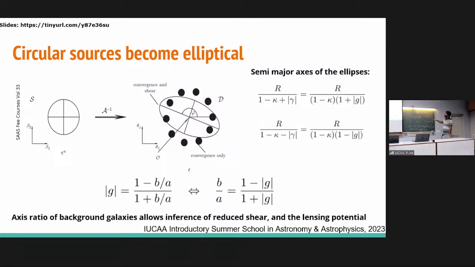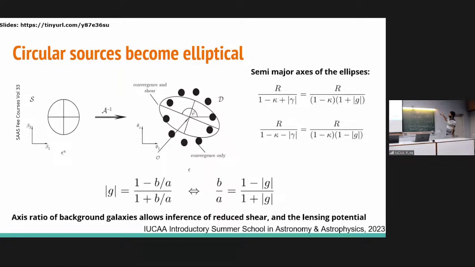So now what you can show is that this mod g is just 1 minus b over a divided by 1 plus b over a, where b over a is the axis ratio. Okay? So if you take the axis ratios, you have to divide this by this, and so that's b by a. And so you will get that R and 1 minus kappa, all these things will cancel.